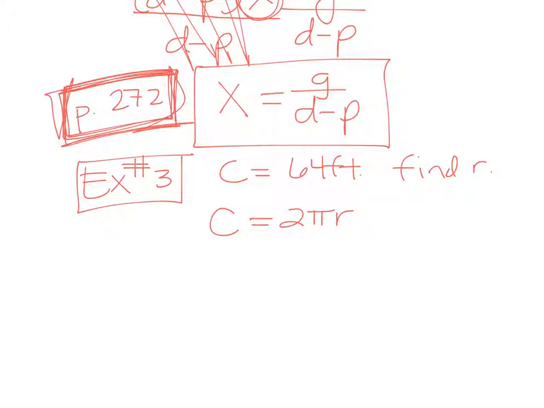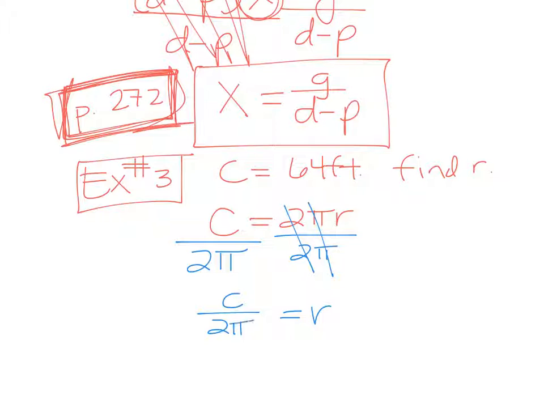So if I'm multiplying 2 times pi times r, what do I do to get rid of them? The opposite, you divide, right? So we're going to divide by 2 pi, which will cancel this out. And whatever you do to one side, you have to do to the other. So divide by 2 pi over here. So your equation right now is r equals C divided by 2 pi.